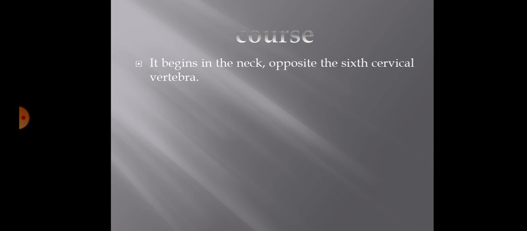So, as we mentioned, the esophagus begins from the end of the pharynx. It starts in the neck, opposite the 6th cervical vertebra, from the termination of the pharynx.